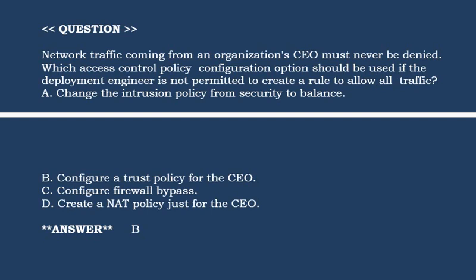Option A. Change the intrusion policy from security to balance. Option B. Configure a trust policy for the CEO. Option C. Configure firewall bypass. Option D. Create a NAT policy just for the CEO. Correct answer is option B.